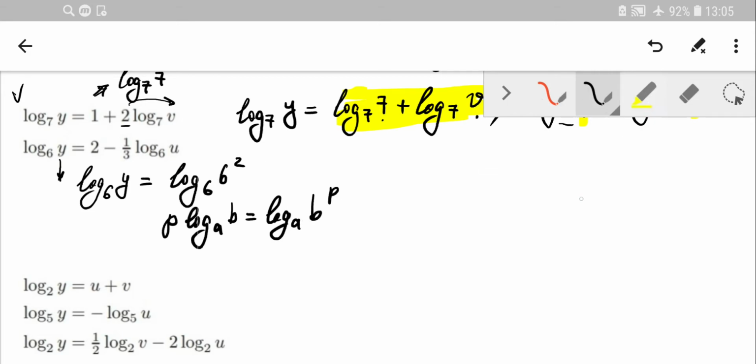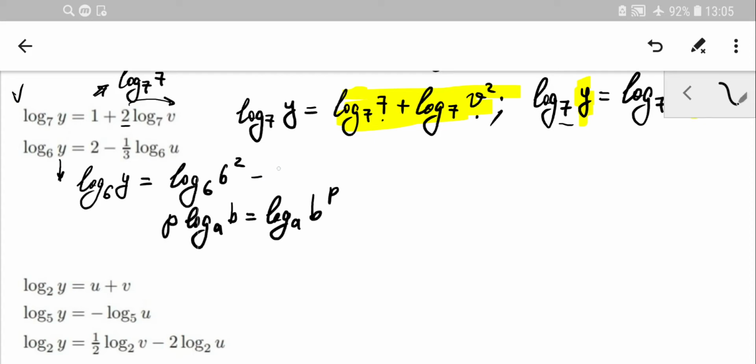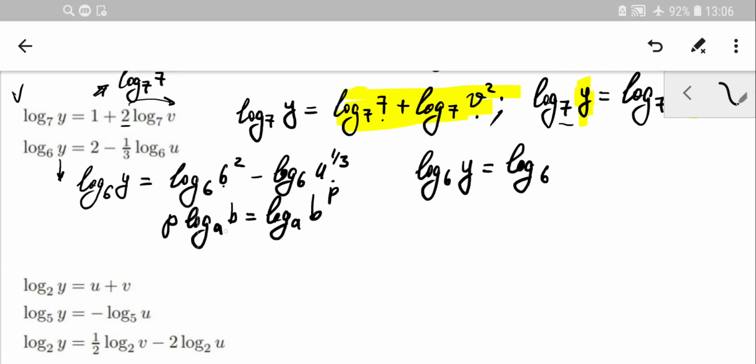That's what I applied, a sort of shortcut. Then I subtract 1/3 log of u, so I raise back to the power, and it's u to the power 1/3. Now I come to one log on the right side, log with the base 6, and because I'm subtracting, I divide 36, which is 6 squared, over u to the power 1/3.